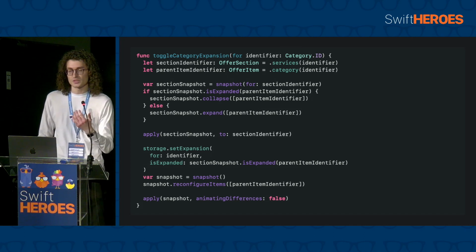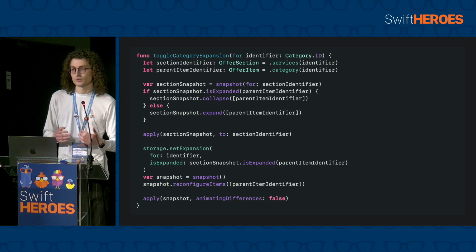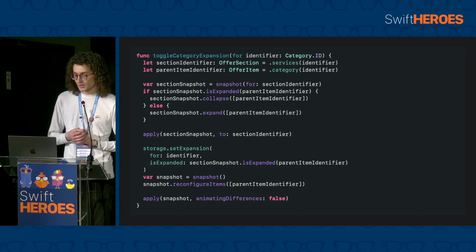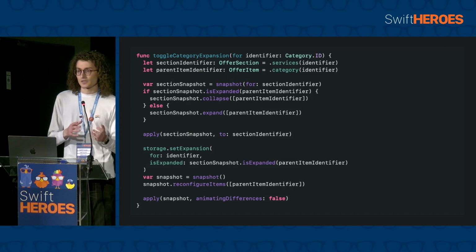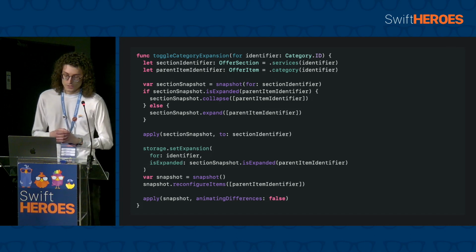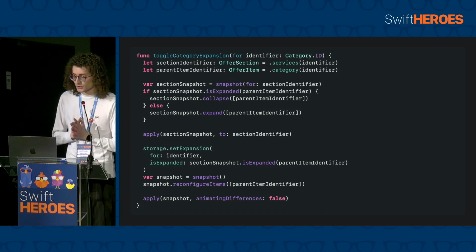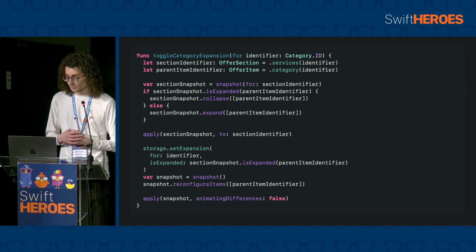But since we're displaying an arrow in our cells, we also want this state to be reflected in our UI. So we will call the setExpansion method on our storage, and then we will ask again the snapshot if the category is expanded. Then we will get a copy of the data source snapshot, and we will ask it to reconfigure the category item.